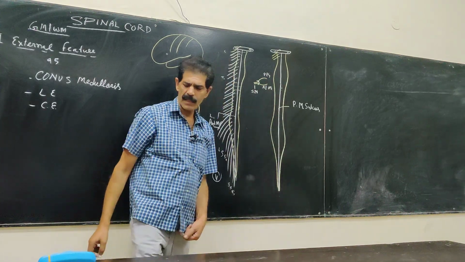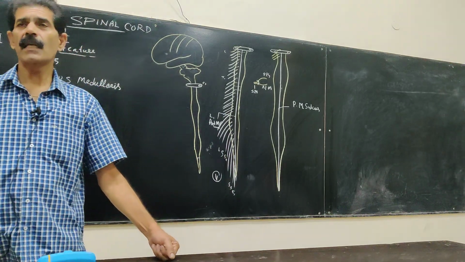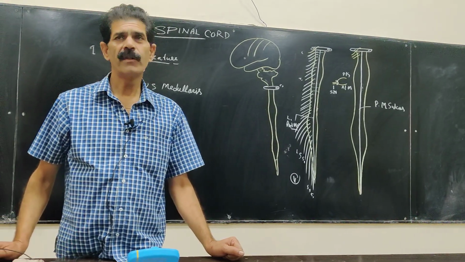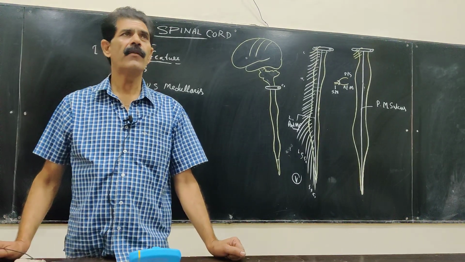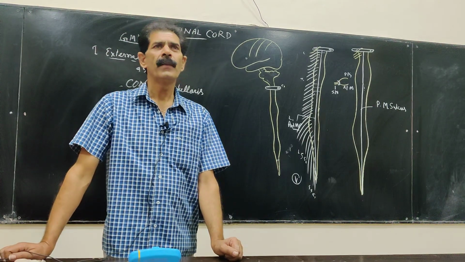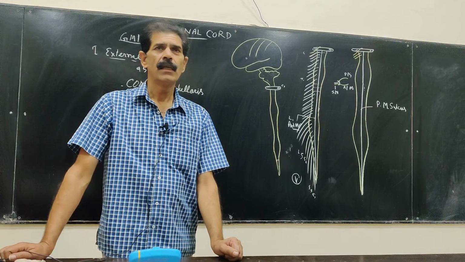So posterior is the sensory, anterior component is the motor. Motor means the ventral ramus will go to some muscle. And posterior sensory, they come from the skin of the particular area innervated by that cervical segment. So that is demarcated by the dermatomes. You are doing the embryology, you must be knowing what is dermatomes.